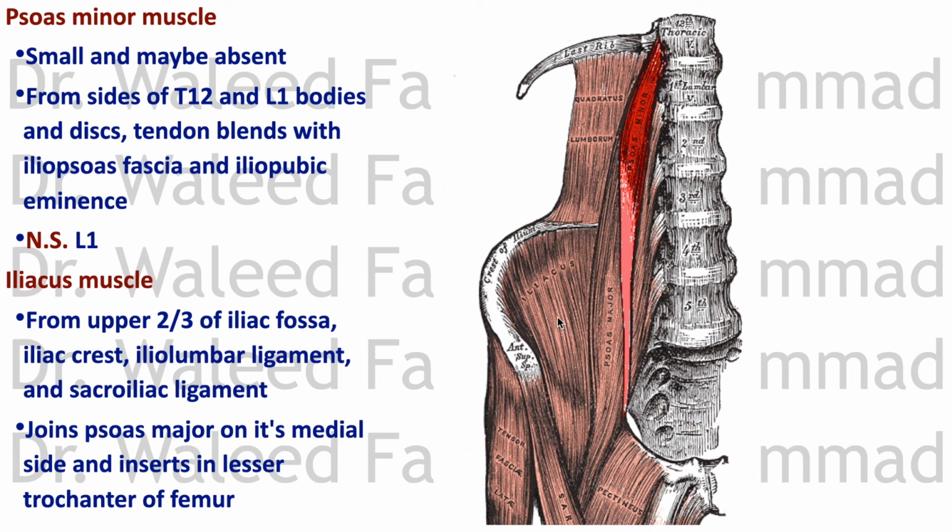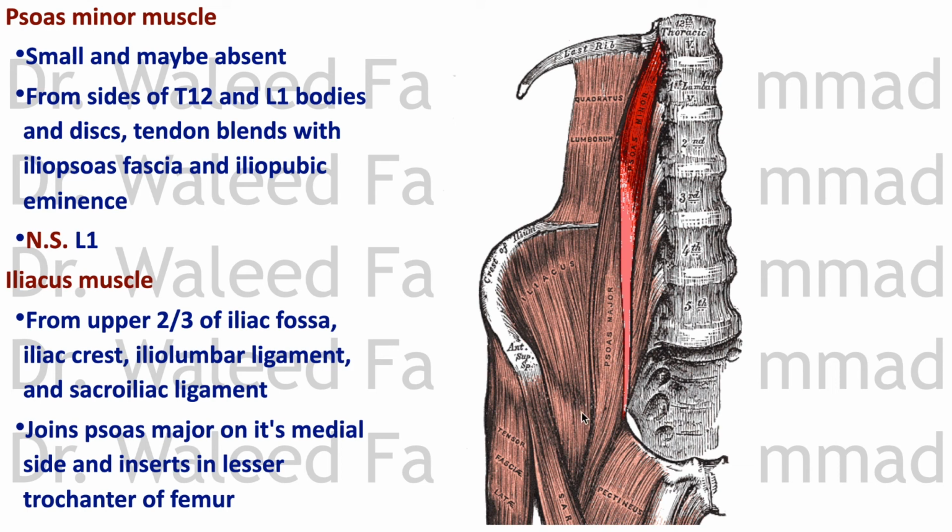Okay, it goes down, passes behind the inguinal ligament and goes to the thigh, joins the psoas major muscle, and inserts into the lesser trochanter of the femur. So the action of the iliacus is the same as the psoas major, by which it exerts lateral rotation and flexion at the hip joint.